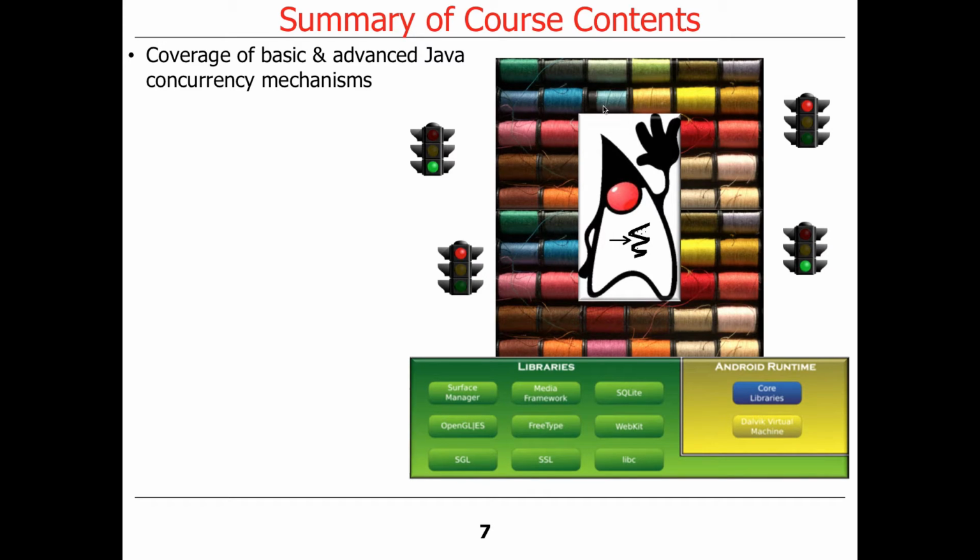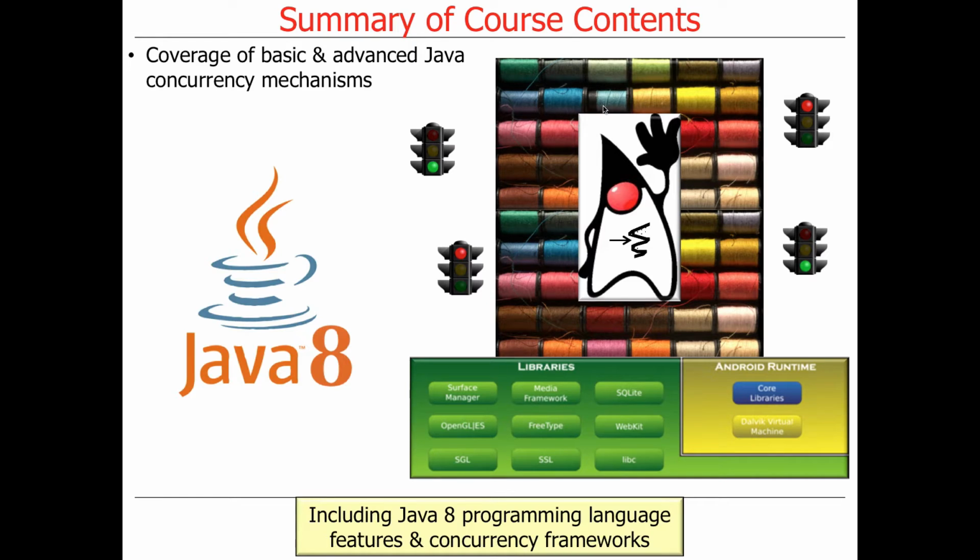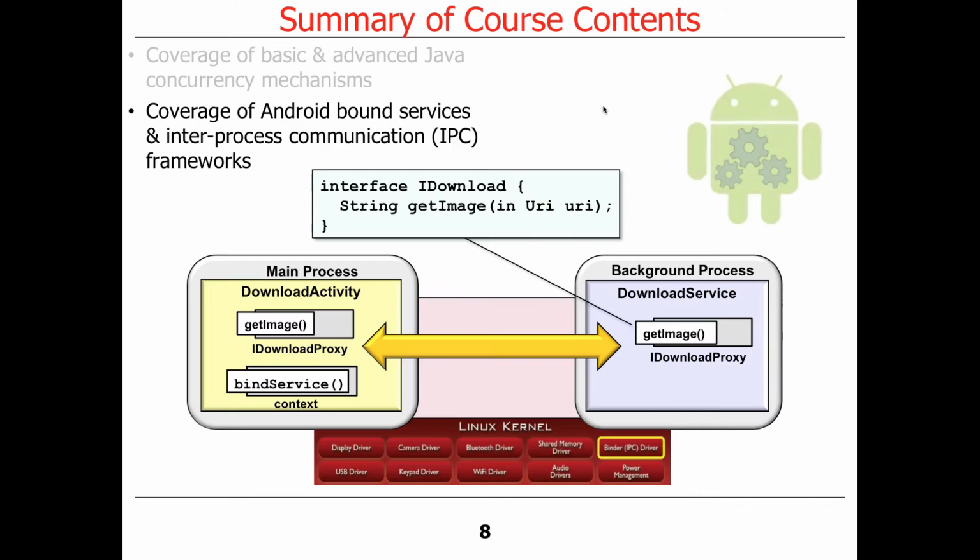We'll be focusing on Java, and we'll also be focusing on this Java 8 stuff. Java 8 has lots of really interesting new features relative to Java 7 and earlier versions. Things like lambda expressions, method references, functional interfaces, streams, completable futures, and so on and so forth. So you'll get a great overview of how all those things are going to work.